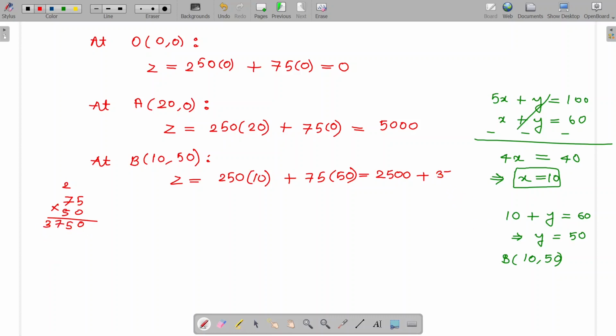So 3750. Okay, so if we add 3750 and 2500, we will get 0, 5 plus 0 is 5, 7 plus 5 is 12, 3 plus 1 is 4, 4 plus 2 is 6. So 6250.